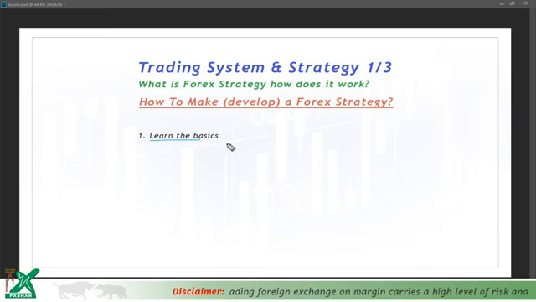After that you have to learn about the market hours, which time the market opens and which time the market closes. You need to know the market timings, and if you know that you have to trade a specific session, then you need to know about the market sessions.